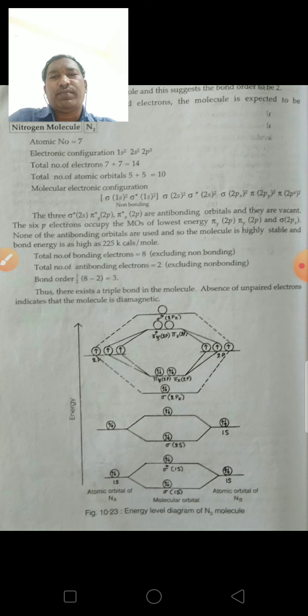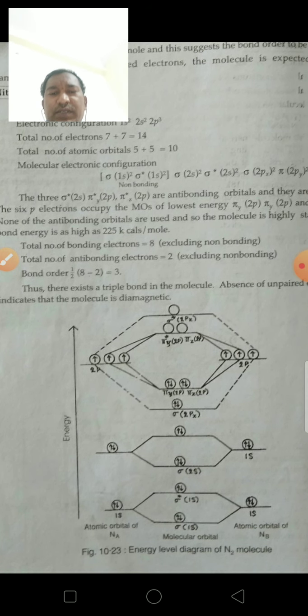So for the molecular electronic configuration, these 14 electrons are filled in molecular orbitals like sigma 1s2, sigma star 1s2, sigma 2s2, sigma star 2s2, sigma 2px2, pi 2py2, pi 2pz2.